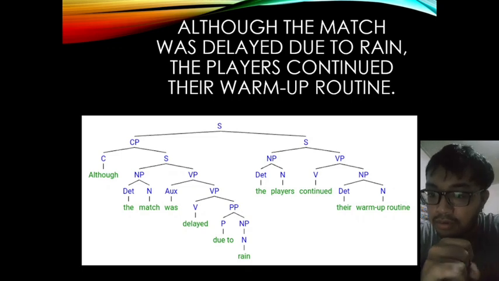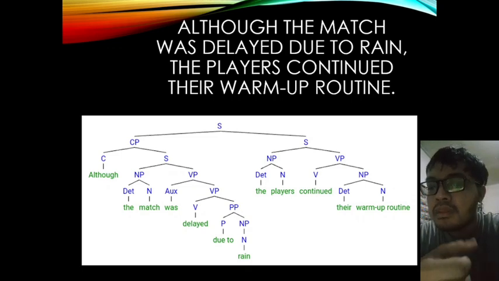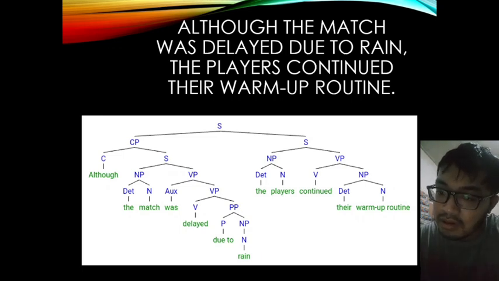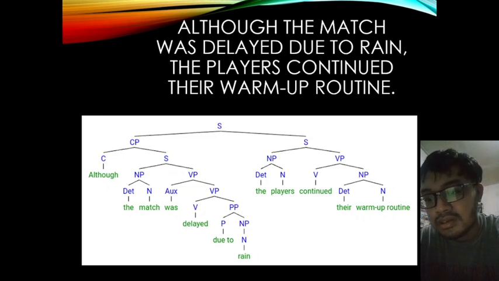In the clause, the match is the subject noun phrase, was delayed is a passive verb phrase, and due to rain is the prepositional phrase showing cause.